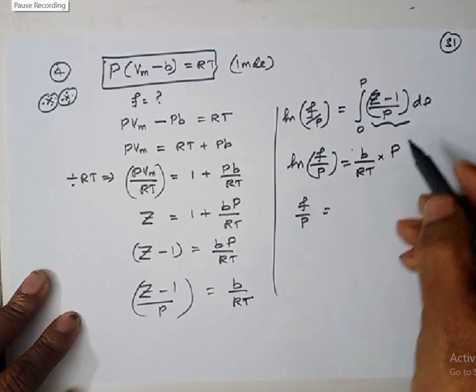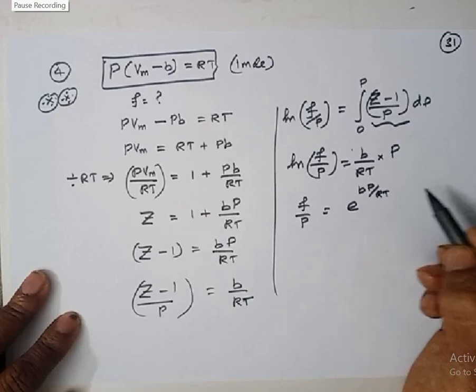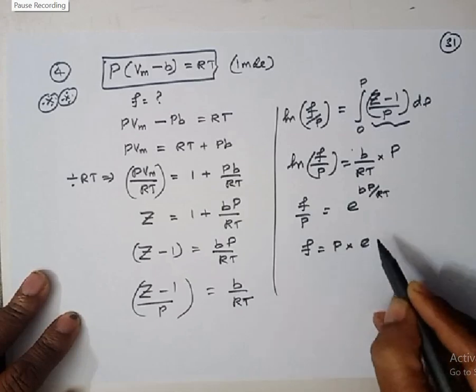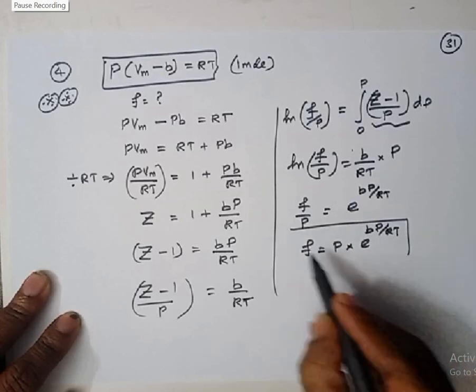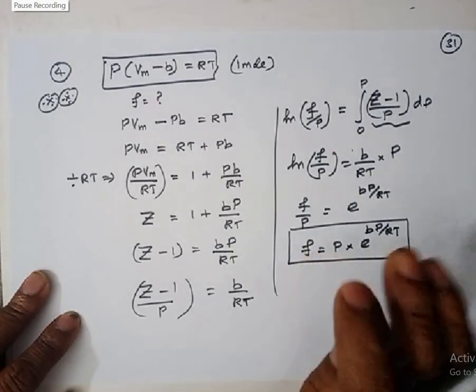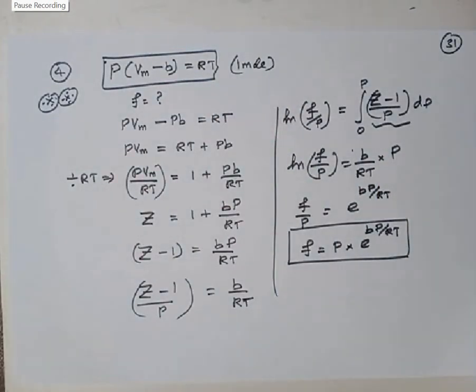Take the exponential, so e power BP by RT. Or F is equal to pressure into e power BP by RT. Yes, this is the expression we use to calculate the fugacity of a real gas which follows this equation. Take note. Sometimes people ask questions like this. Take note.